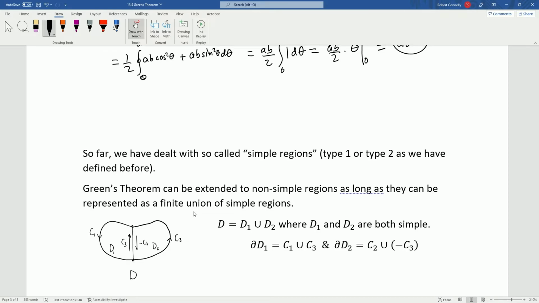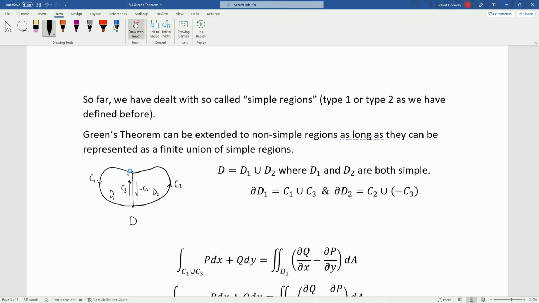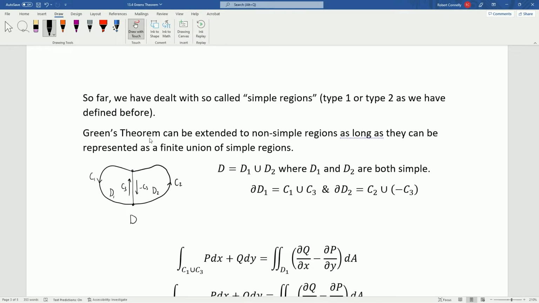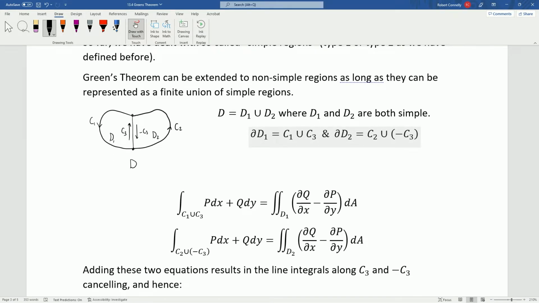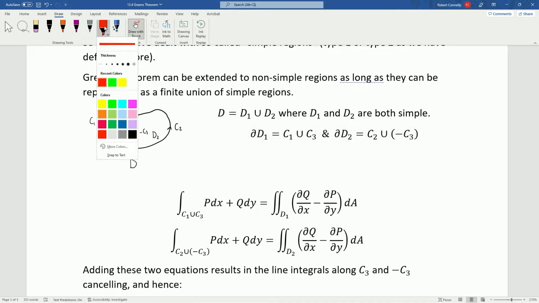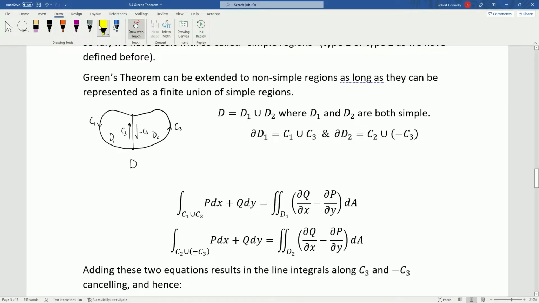Okay, so far, what we've been dealing with are so-called simple regions. So these are type 1 or type 2 regions, as we've defined before. But Green's theorem can be extended to non-simple regions as long as they can be represented as a finite union of simple regions. Okay, so this can seem a little bit messy at first, but I don't think it's too conceptually difficult.